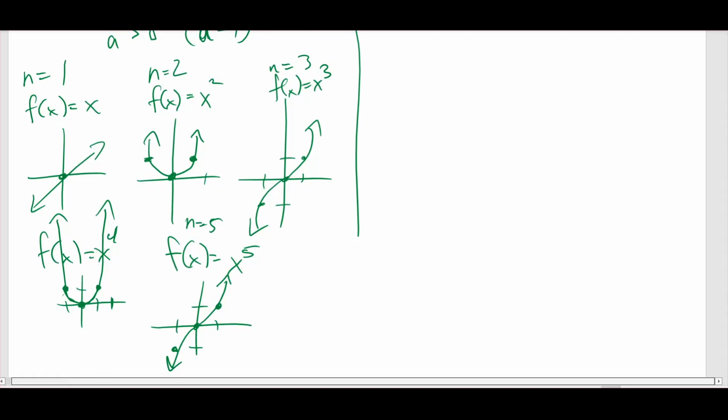The higher the power is, the faster it's going to go up or down, I guess. It's going to look more vertical outside the interval -1 to 1. And it's going to look more boxy inside those regions, though I could probably draw a better picture of what this should look like. But what we want to latch onto here is the pattern that's happening.